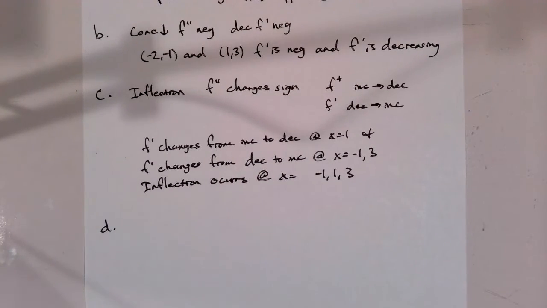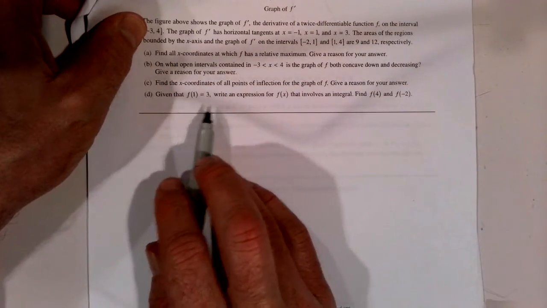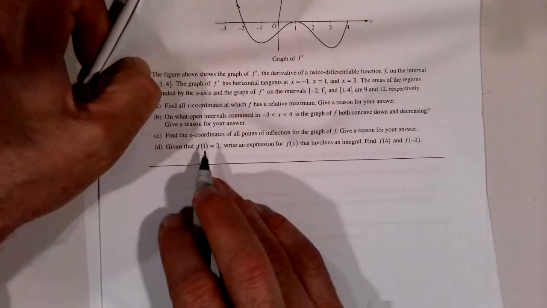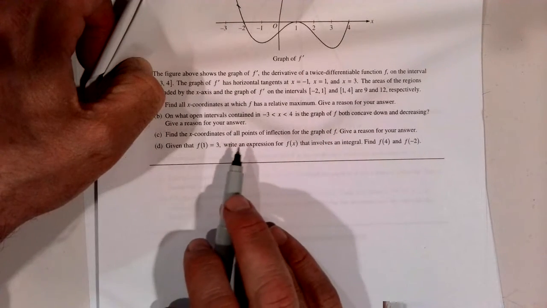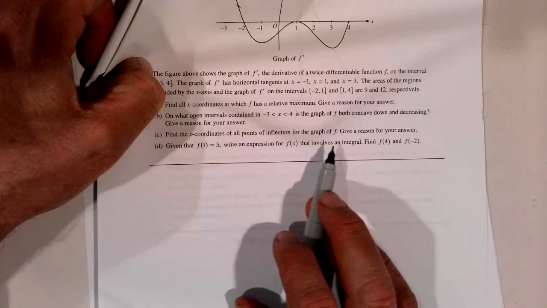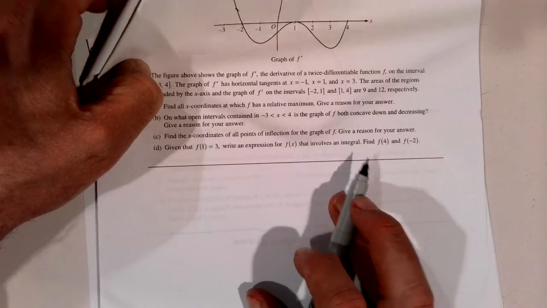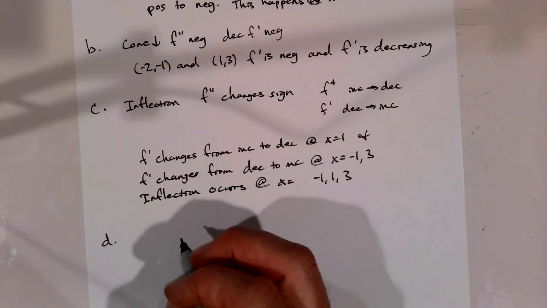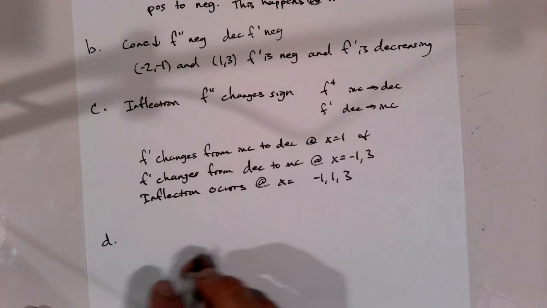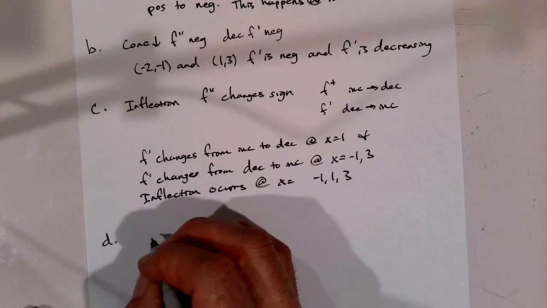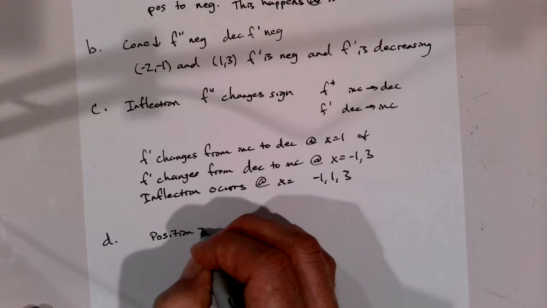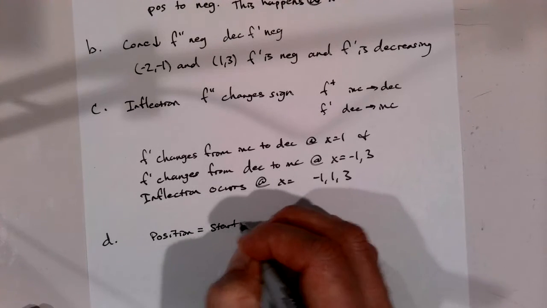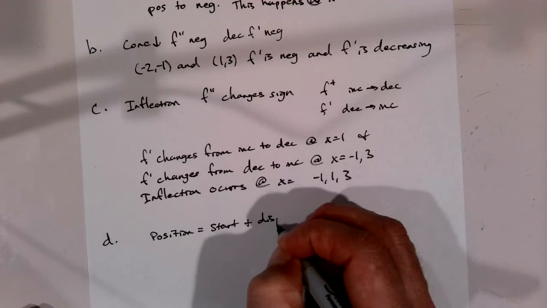And finally, letter D. Given that f of 1 is 3, so not this, if you look at 1 is 0, the original function is equal to 3. Write an expression for f of x that involves an integral. So it's kind of tough to think about here, but it's this whole idea of position equals start plus displacement.